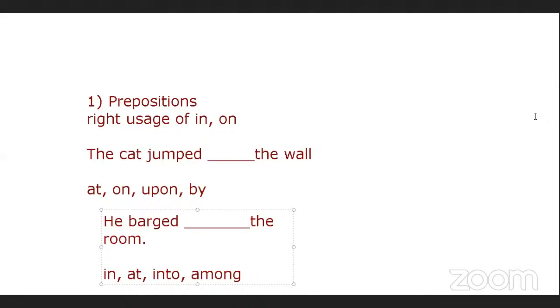That's right. Now it's going to be into. Why into? There's a movement. Barging is a movement. It means walking angrily. But if I say the food is kept in the fridge, in the refrigerator, there's no movement of the fridge. There's no movement of the food. That's why he barged into the room. Into the room. Movement.